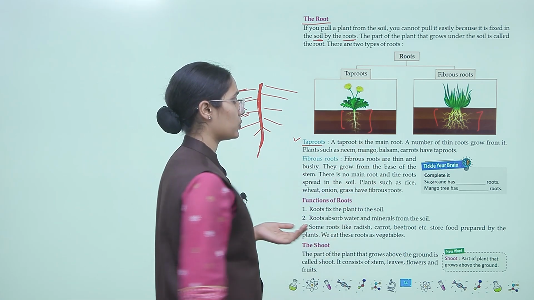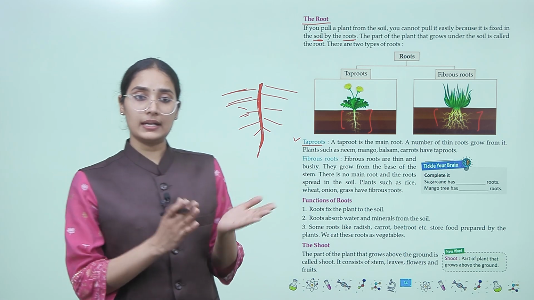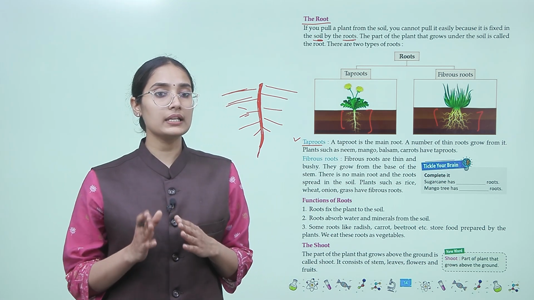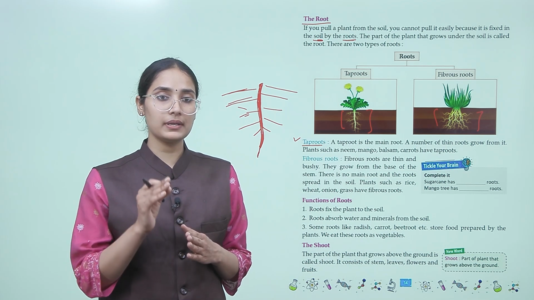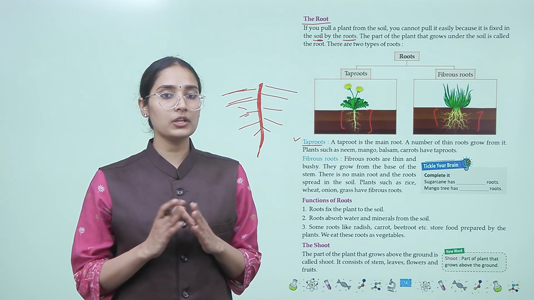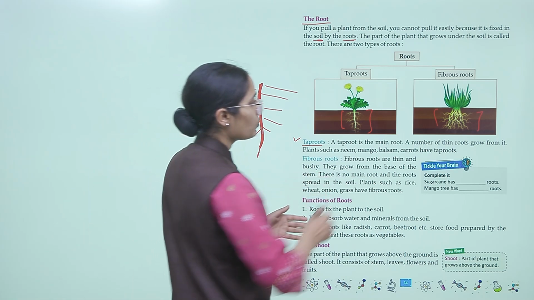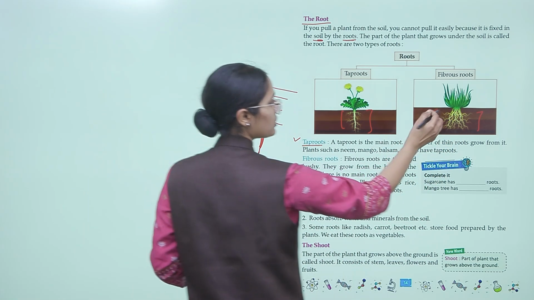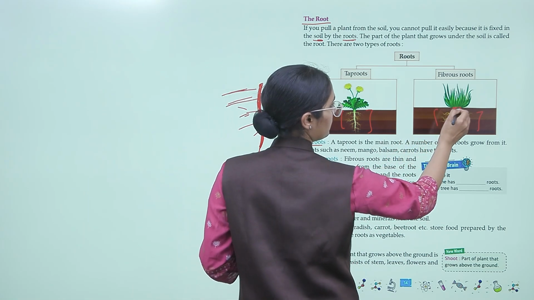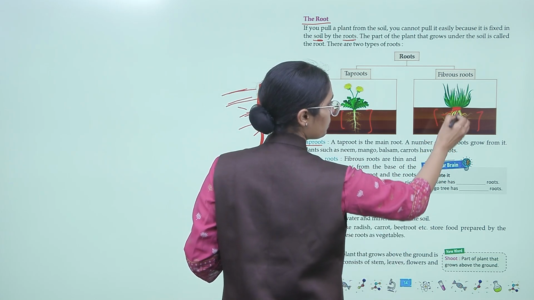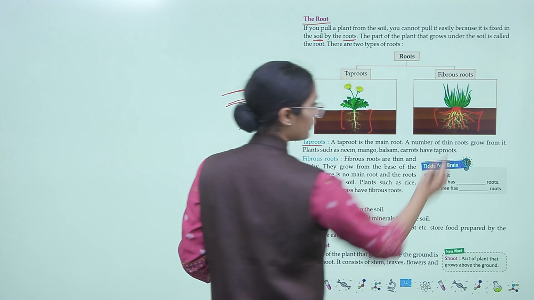But on the other hand, the second type is fibrous root. Fibrous roots are thin and bushy. They grow from the base of the stem. There is no main root and the roots spread in the soil. So what happens in fibrous root? It starts from the base of the plant, and there are multiple roots that come out of it.